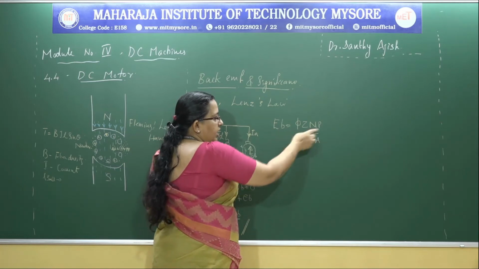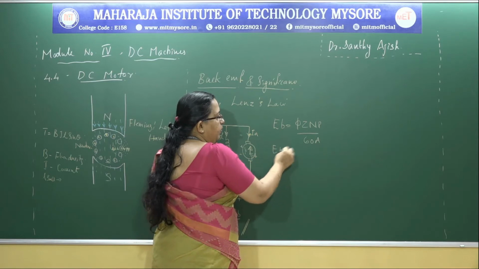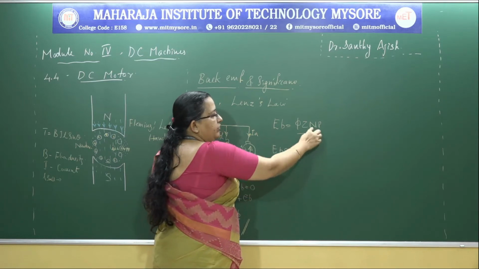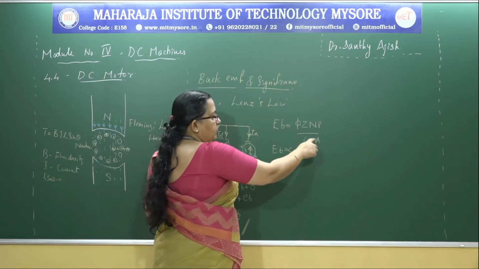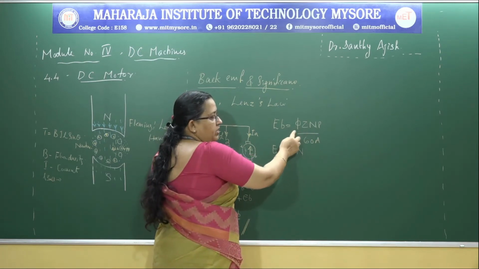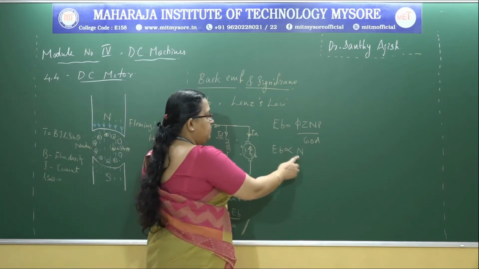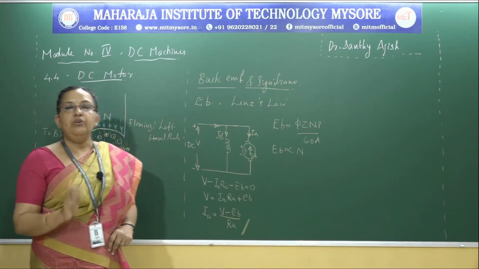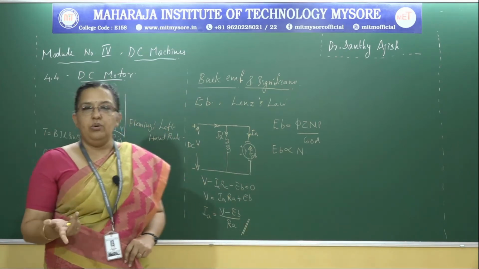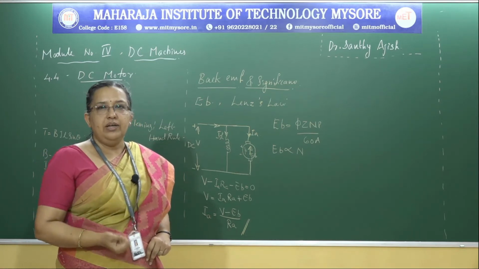If all other parameters remain the same, EB is proportional to the speed of the motor, because all the other parameters, phi Z P by 60A, are constant here. So EB is proportional to N. At starting, the value of EB is almost 0, and as the motor picks up speed, the EB value goes on increasing.